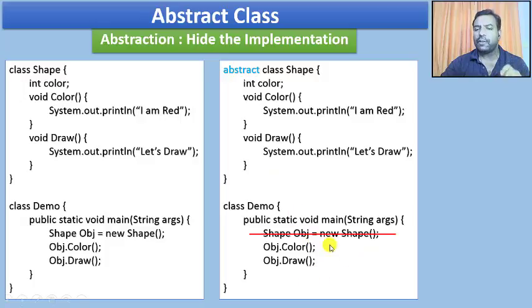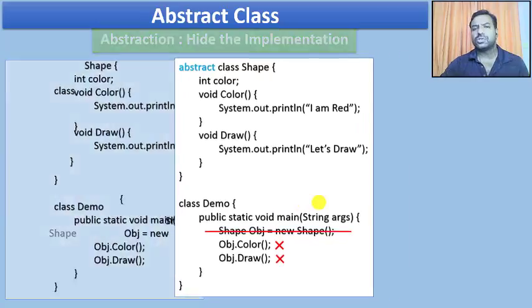Since we have not defined any object, you cannot call the color function, and you cannot call the draw function, because there is no object called obj. This is the first point: every abstract class I create is going to be an objectless class. You cannot create any object for this class.